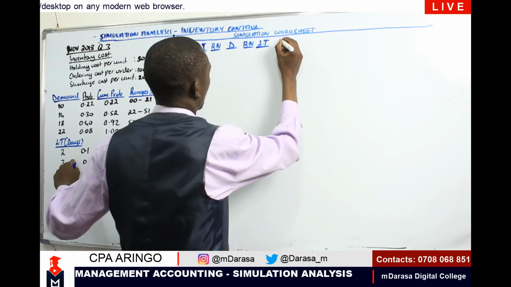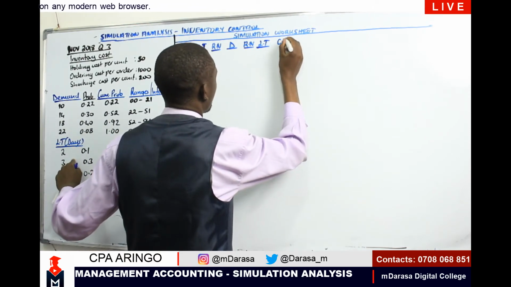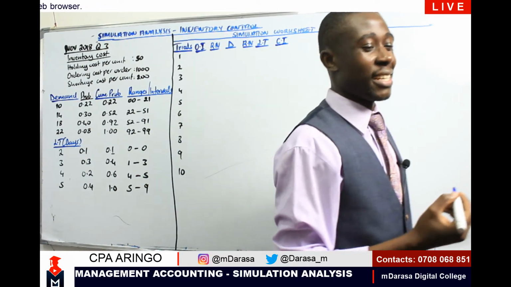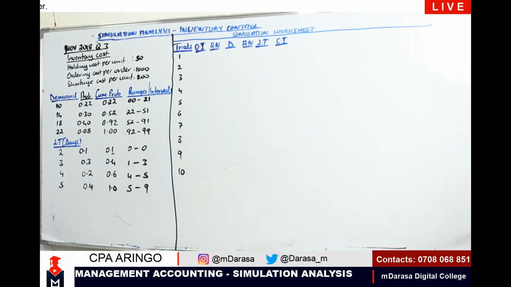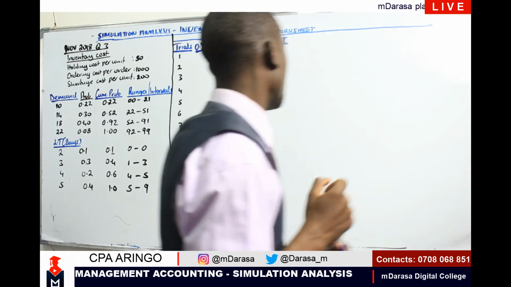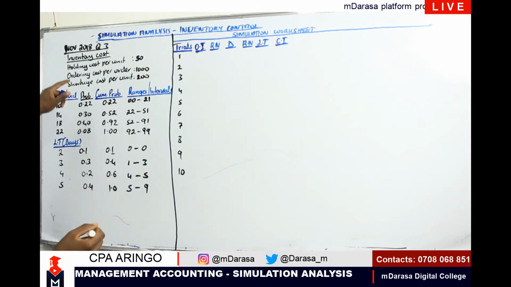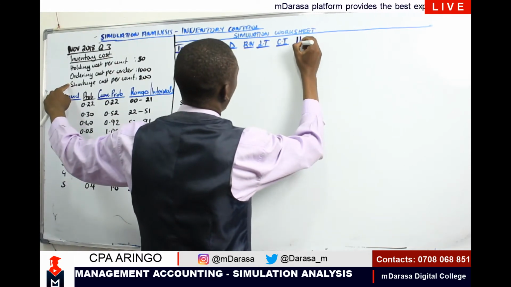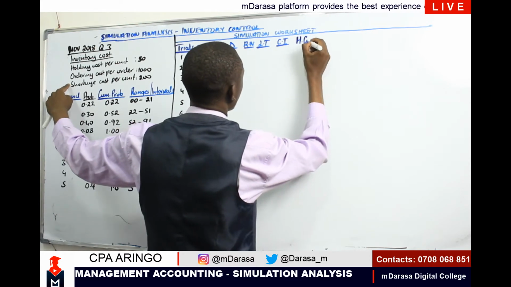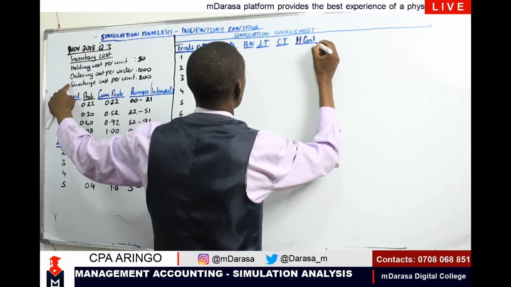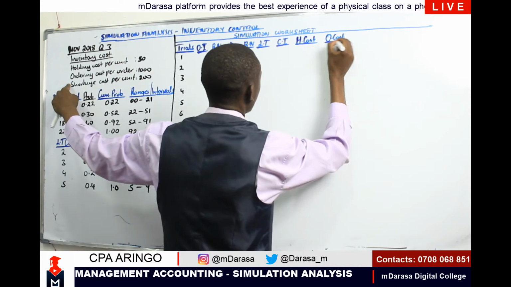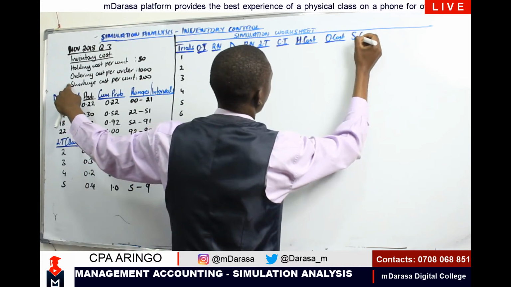Then consider your closing inventory here. Then identify the costs that you are given. What were the costs given? My good student, you had already identified these costs: we had our holding cost, we had our ordering cost, we had our shortage cost.